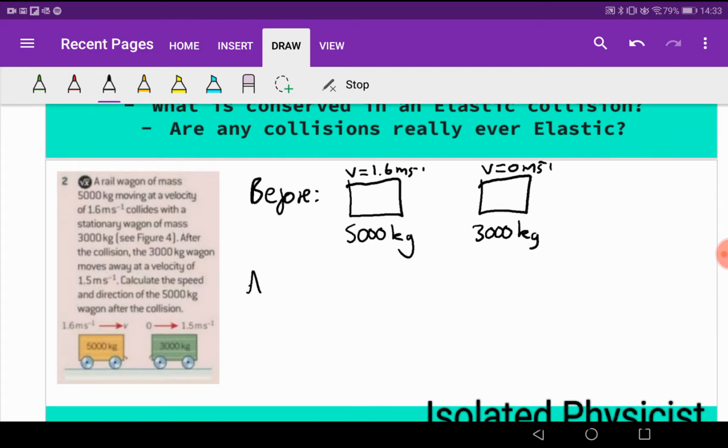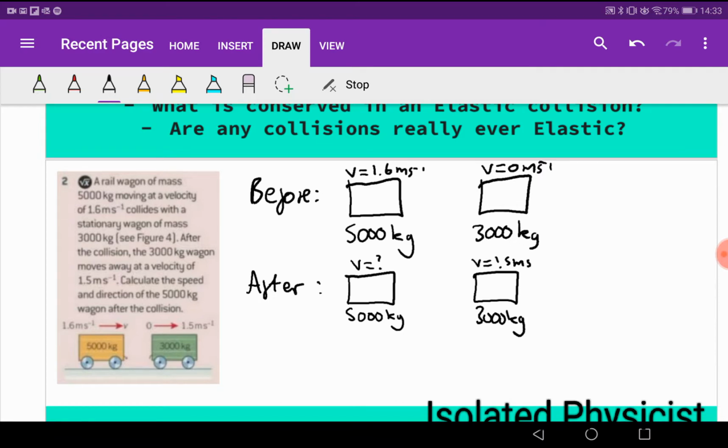And then after, our 5,000 kilogram wagon we're not sure, and our 3,000 kilogram wagon is going at 1.5. That's what the question says, and it's all put in a diagram.